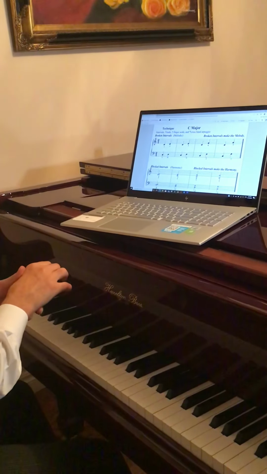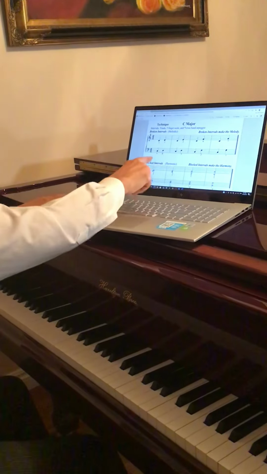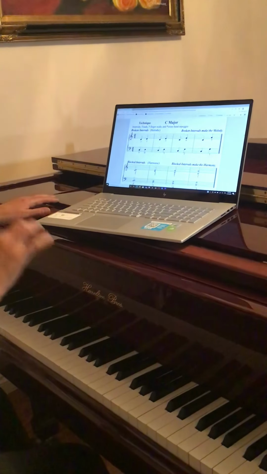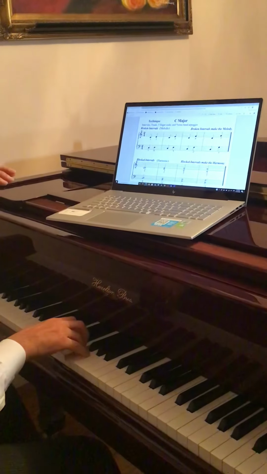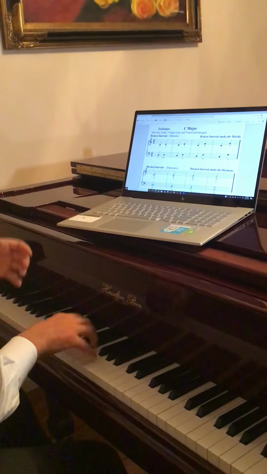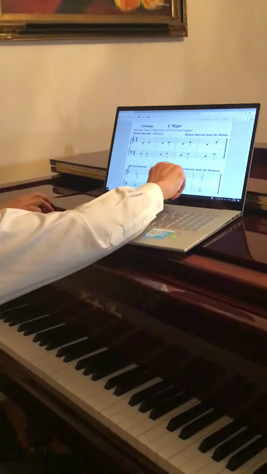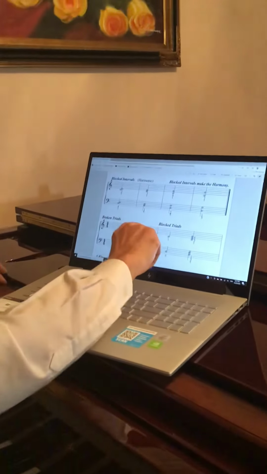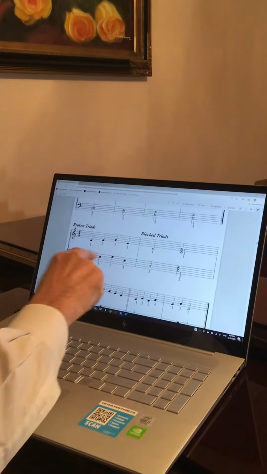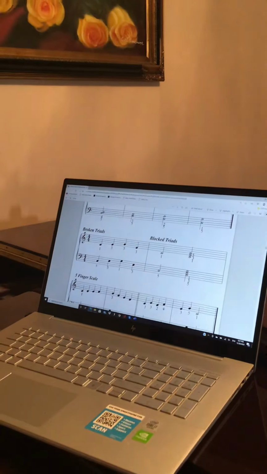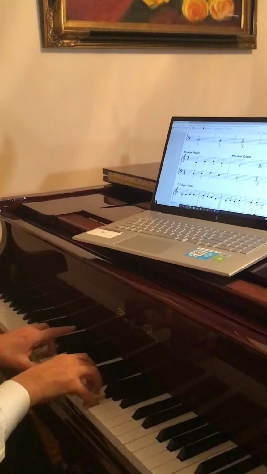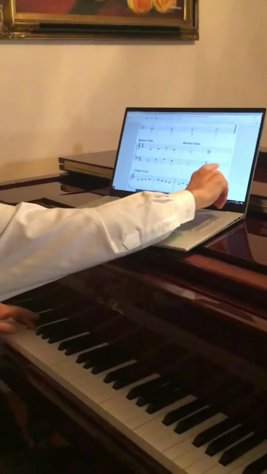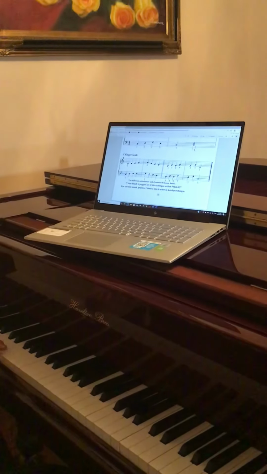We call that harmonic intervals, which means that we play the same interval at the same time, like that. Blocked intervals make the harmony. Also, this exercise has the broken triads, and the 5-finger scale.